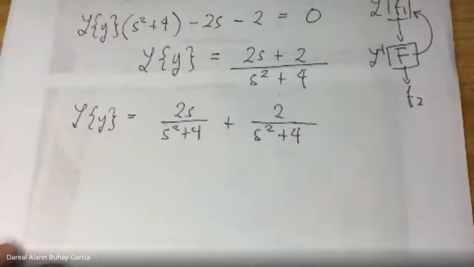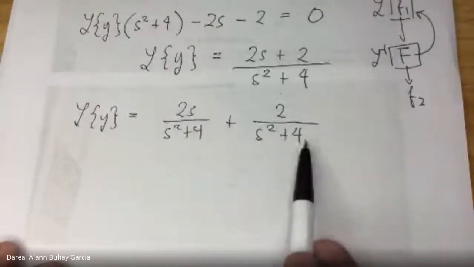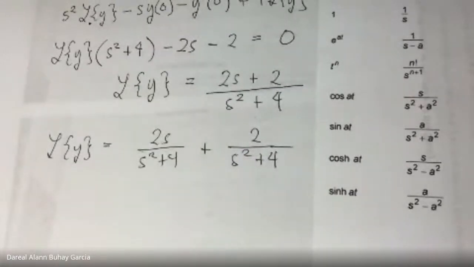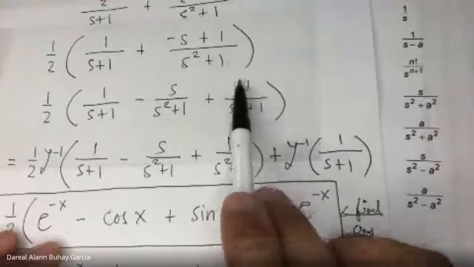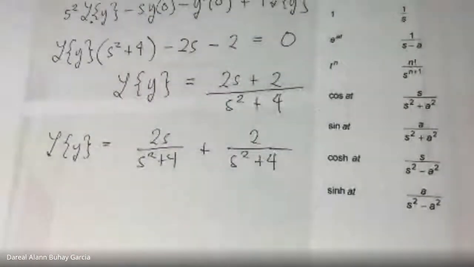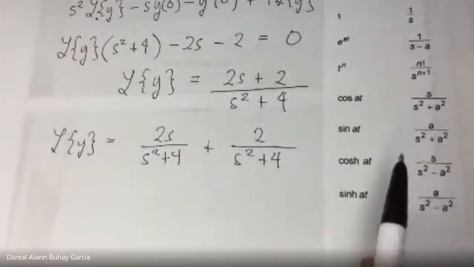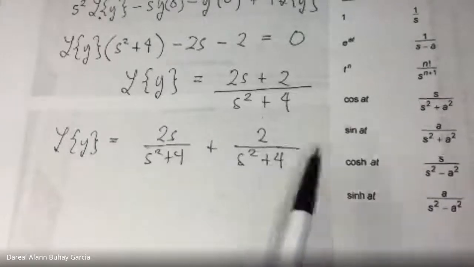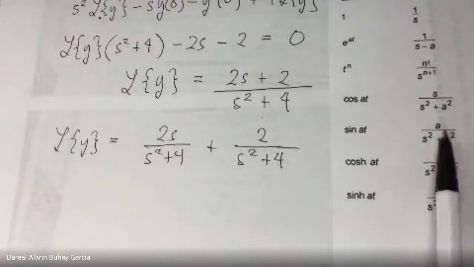This is now ready for inverse, one is cosine, one is sine. But notice in the previous examples, we were lucky that the numerator was 1. So the inverse Laplace was easy. Actually it's the same, but don't forget, this becomes 2 squared, so that we can take the inverse Laplace readily.